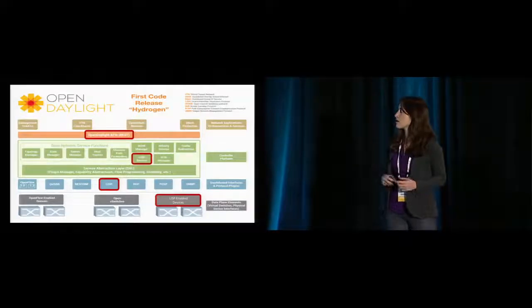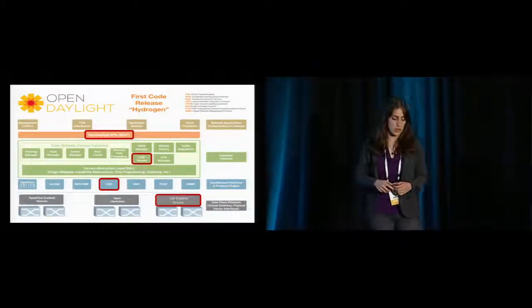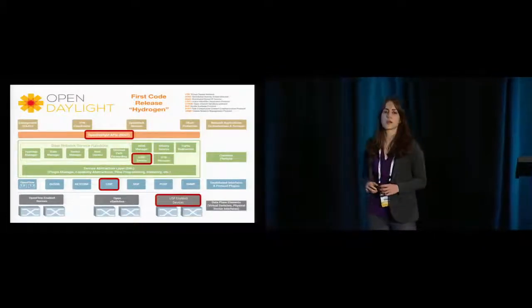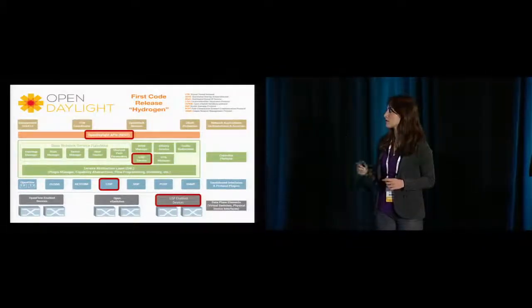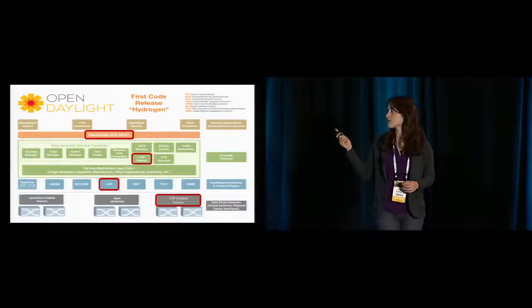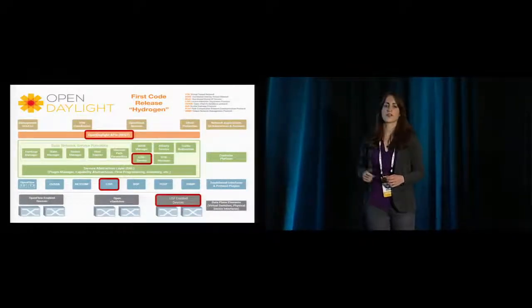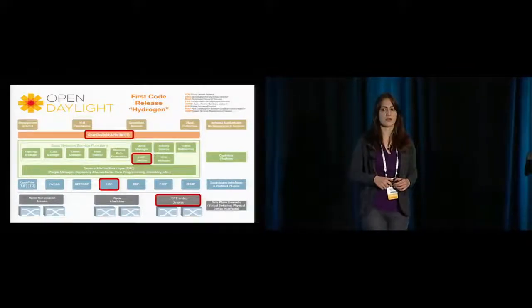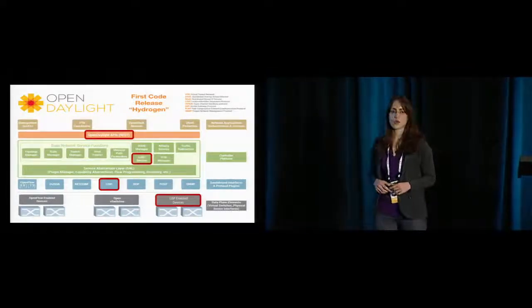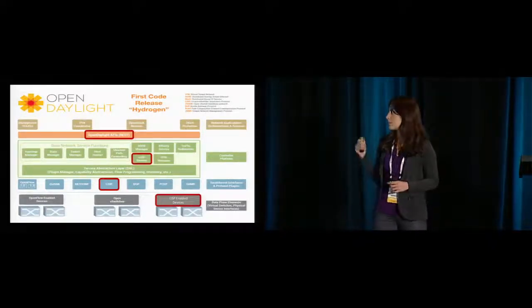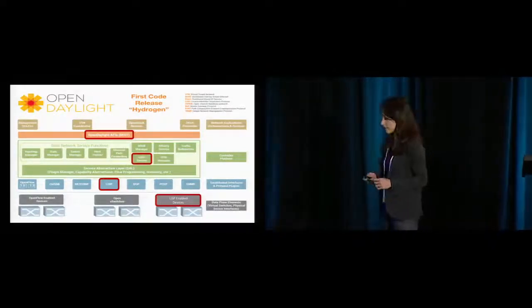There are REST APIs on the northbound that provide programmability of the mappings to the LISP service. And then there's a LISP plugin on the southbound that LISP-enabled devices on the data plane can use to look up mappings and register mappings in the LISP service in OpenDaylight.